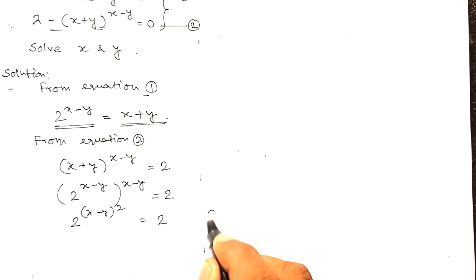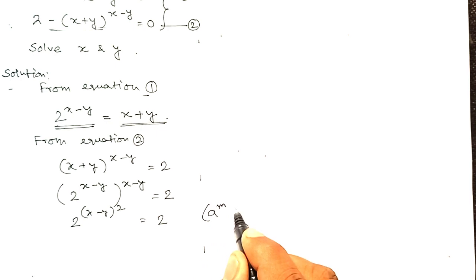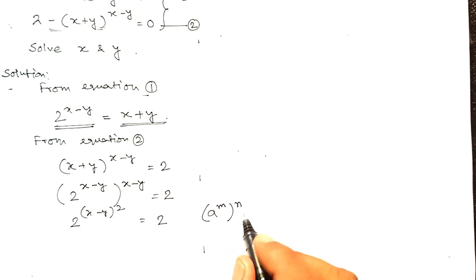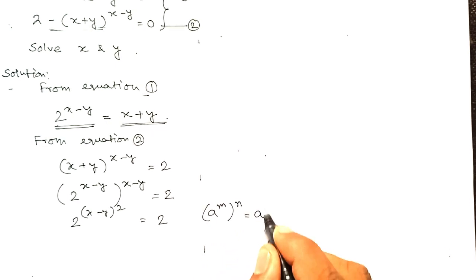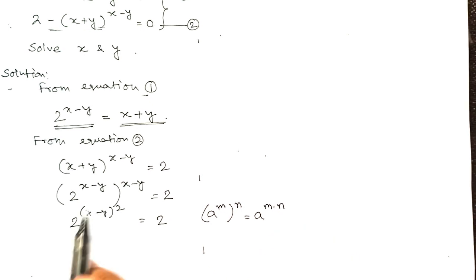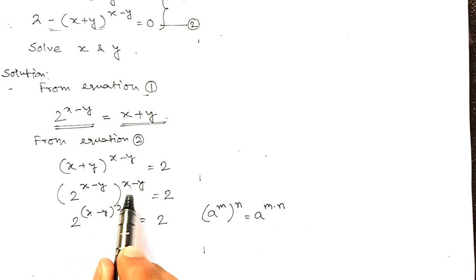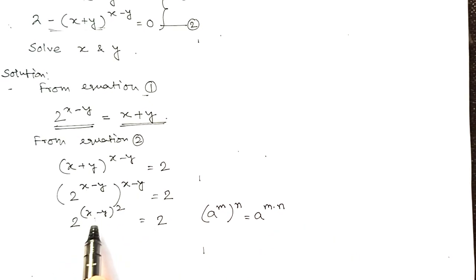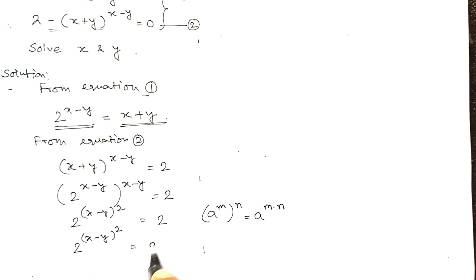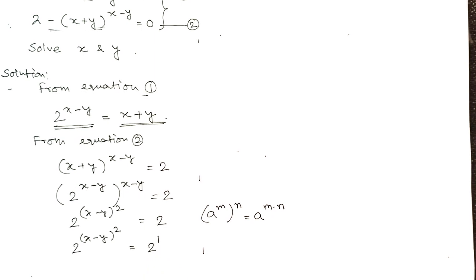How? Because if a to the power m to the power n is equal to a to the power m into n, here x minus y into x minus y will give you x minus y whole square. So from here we can write that x minus y whole square is equal to 2 to the power 1.